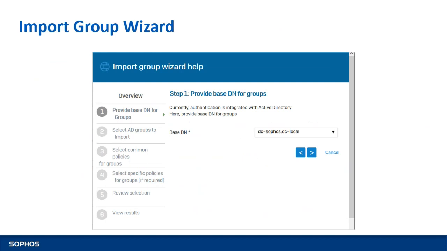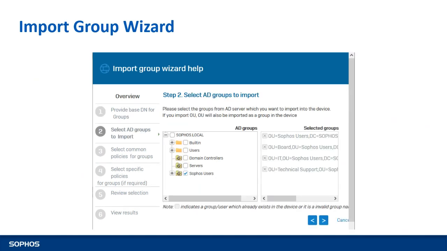Okay, so select the base DN here from which groups will be imported. The base DN is the starting point for the search in the Active Directory domain. The list is populated from the search queries configured for the server, and the organizational units below sophos.local are listed.